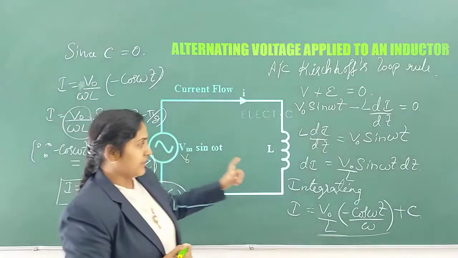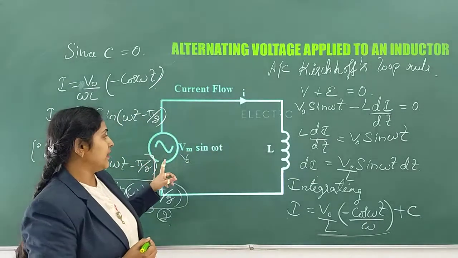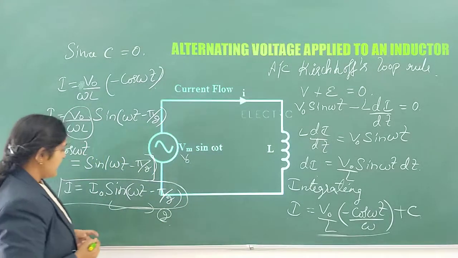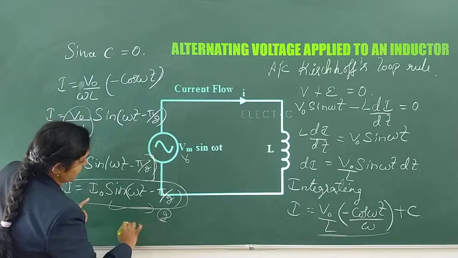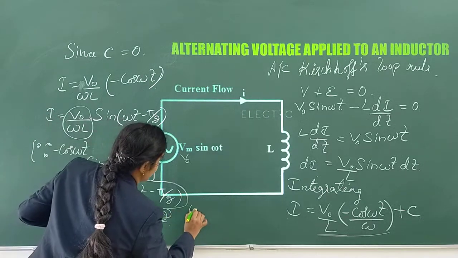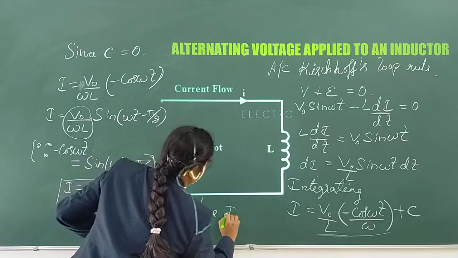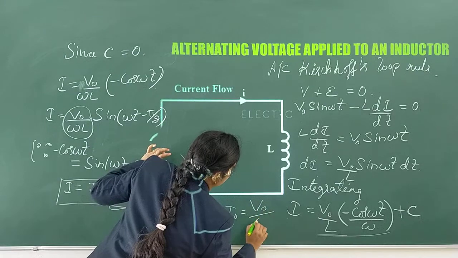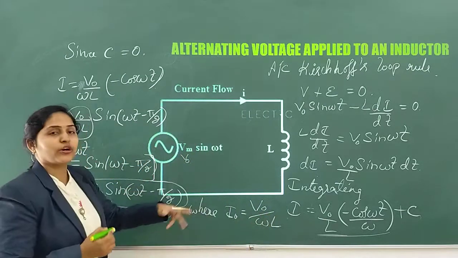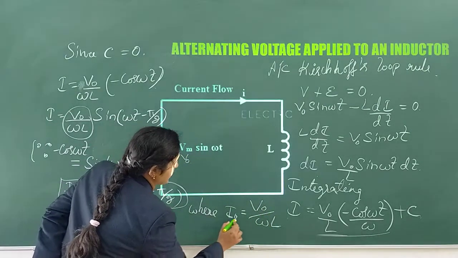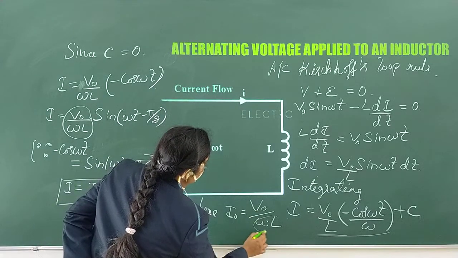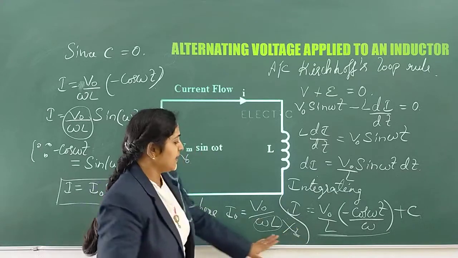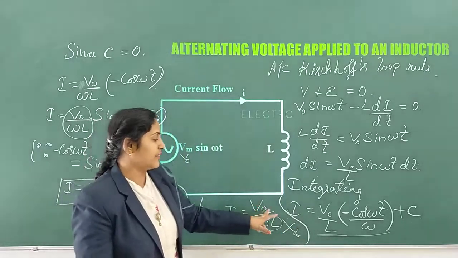So when an inductor is connected to the AC source, I'll continue, where I naught equals V naught by omega L. This V naught by omega L can be written as XL. You can replace this omega L by XL, so that I naught becomes V naught by XL.